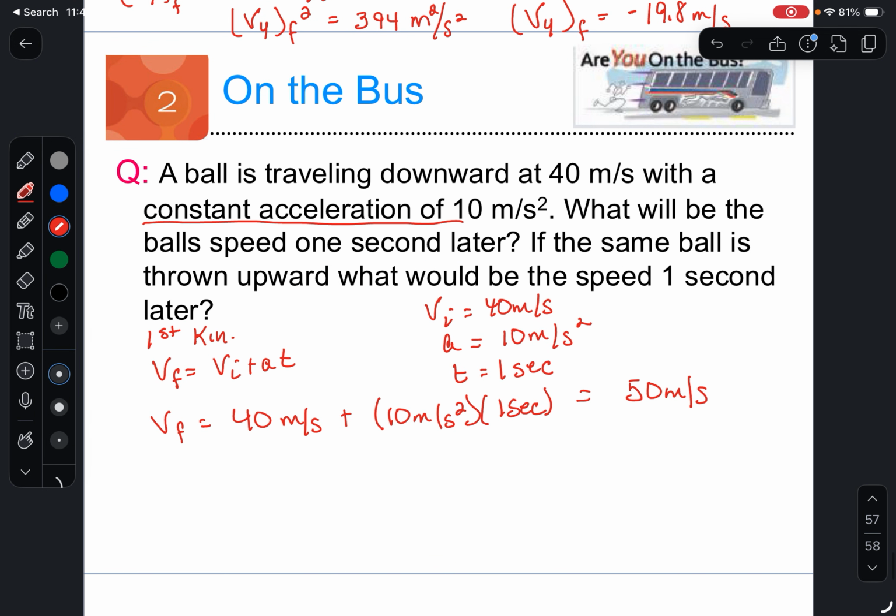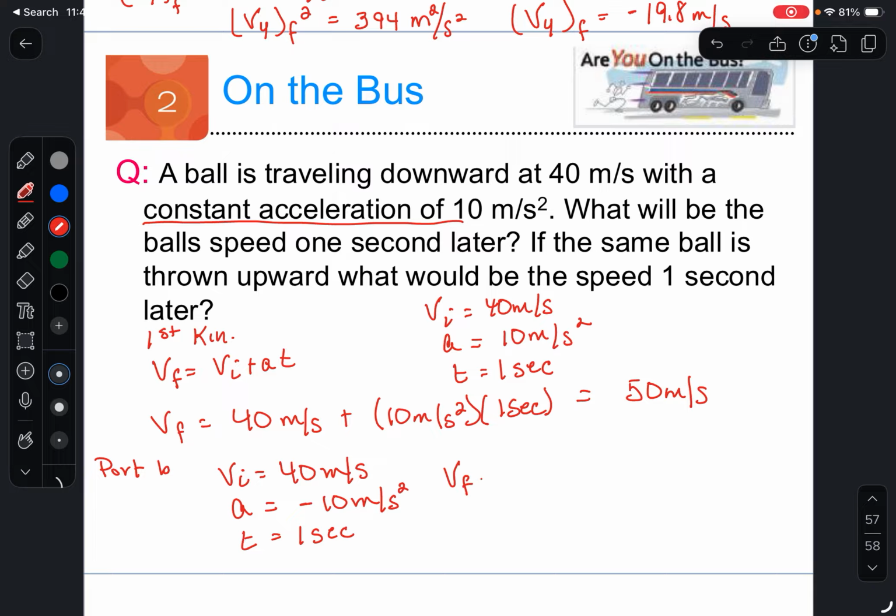And now for our part B, where we're throwing the ball upward, our Vi is still 40 meters per second, but our acceleration is a negative 10 meters per second squared, and our time is 1 second.